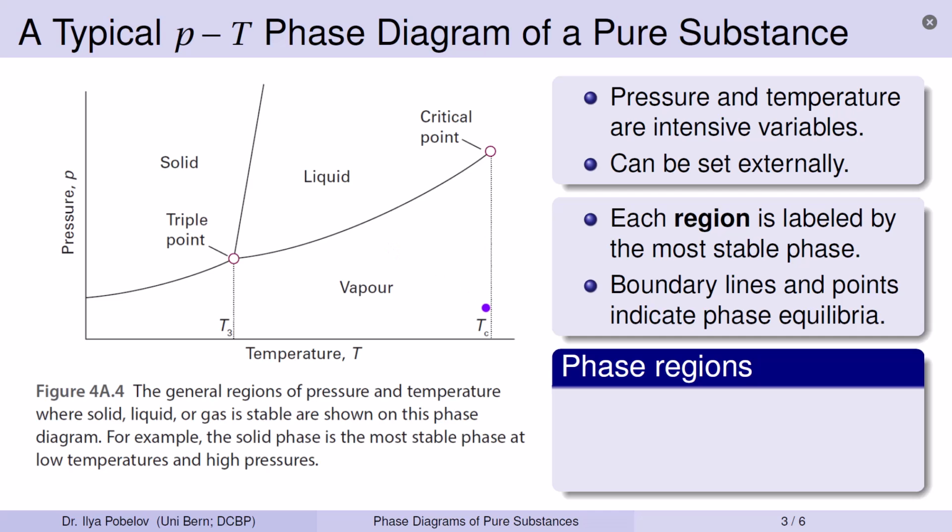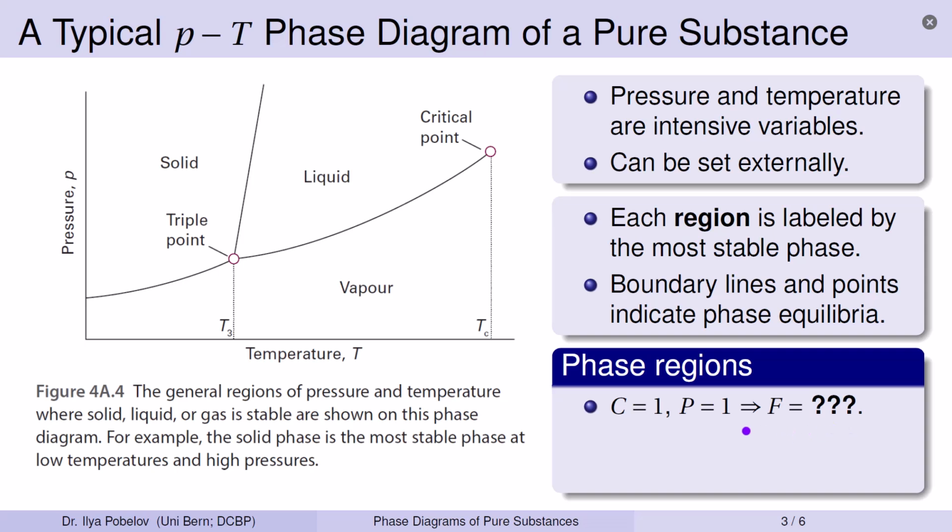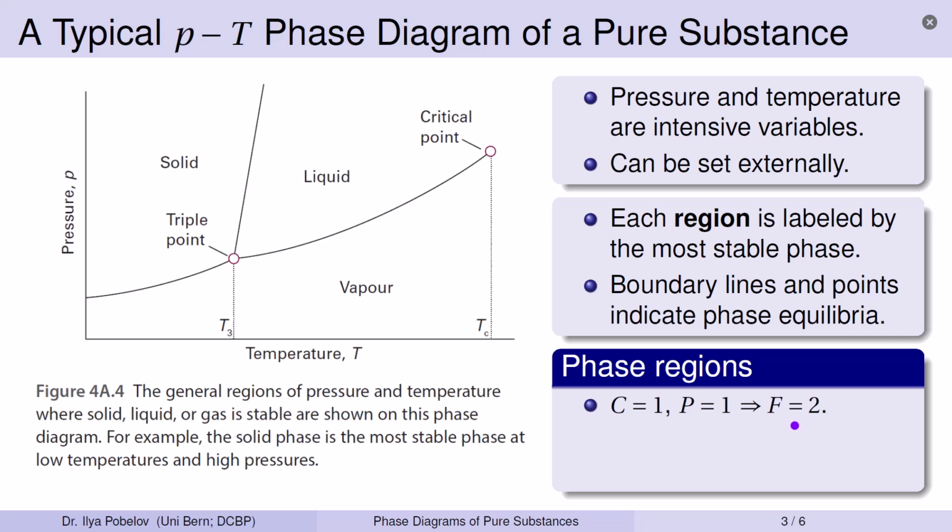Let's go deeper into understanding why a specific phase is represented by a region in the phase diagram. As we are discussing pure substances, we are dealing with a single component system, which is denoted by C equal to 1. So, if there is only one component and one phase present, how many degrees of freedom do we have in our system? The answer is 2, represented as F equal to 2.